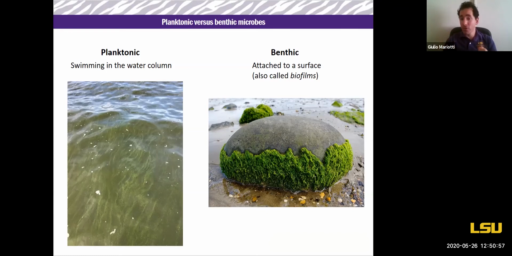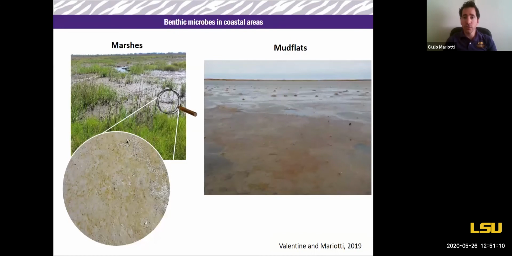Here is an example of algae growing on a rock on a beach, but maybe you have seen the slime on pebbles on the bed of a river. Those will be benthic microbes. In coastal areas like Louisiana, these microbes grow on the surface of sediment, which often is very muddy.